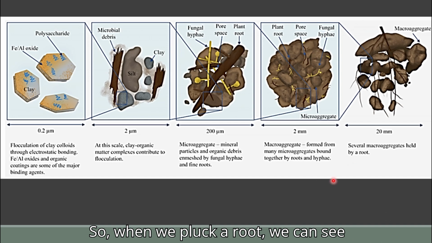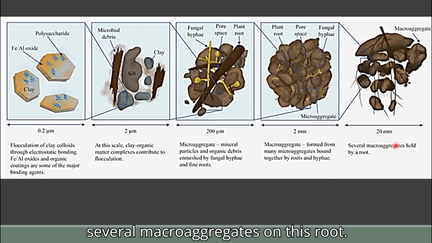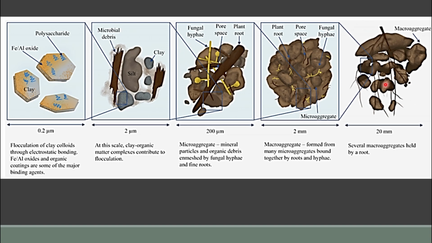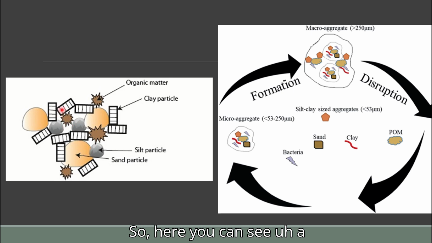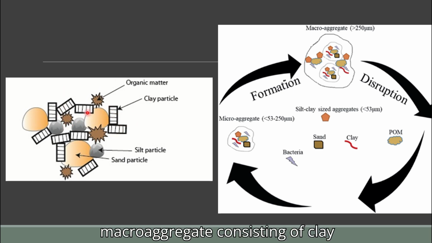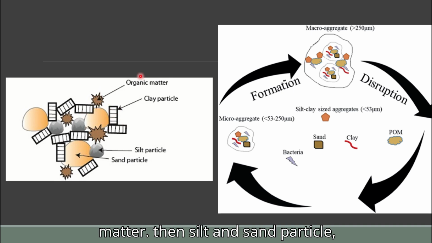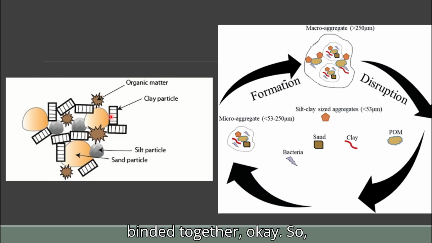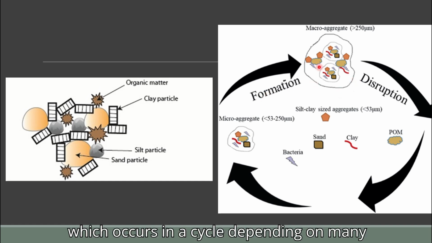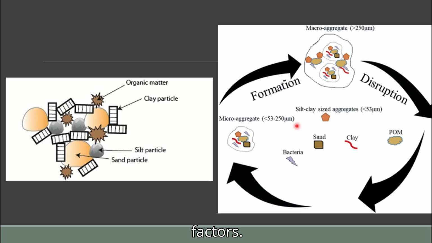When we pluck a root, we can see several macroaggregates on it. Here you can see a macroaggregate consisting of clay particles joined together by organic matter, then silt and sand particles. Every soil separate is bound together. This formation of soil structure and its destruction occur in a cycle depending on many factors.